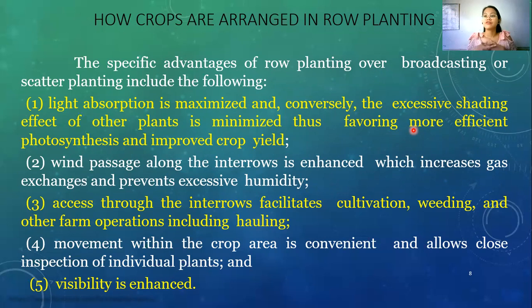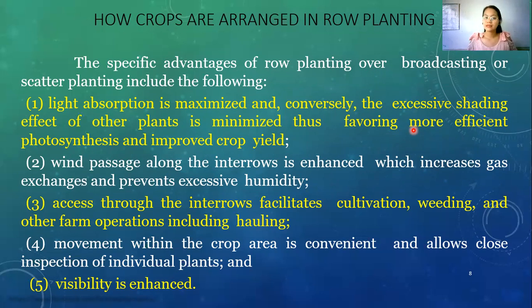If your plants are scattered all around and you have bigger plants, then the smaller plants will not be provided with enough sunlight, because the bigger plants will overshadow them. That is why row planting is good, so that everyone can get the sunlight needed for growth.